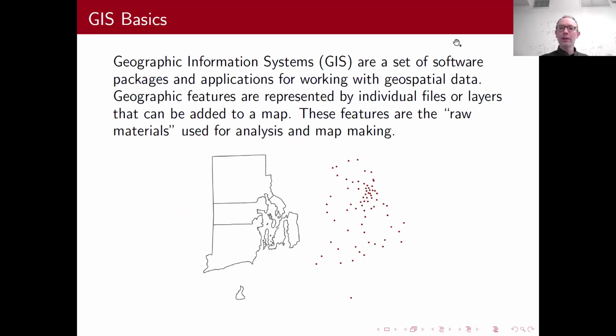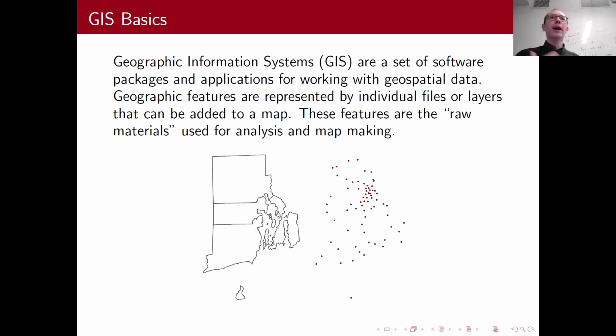So when we're talking about GIS, geographic information systems are a set of software packages and applications for working with geospatial data. And when we use this software, geographic features are represented by individual files or layers that you can add to the software to overlay and make maps.